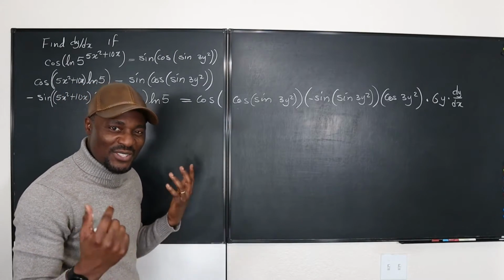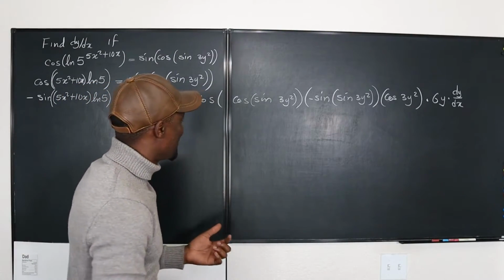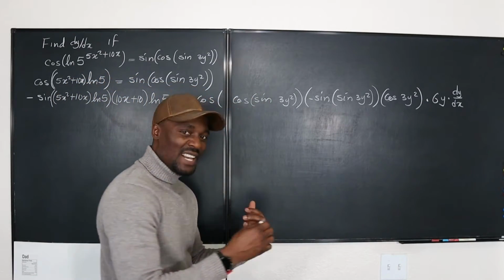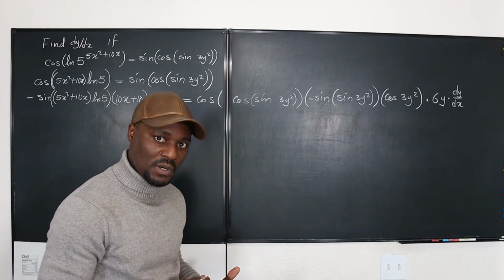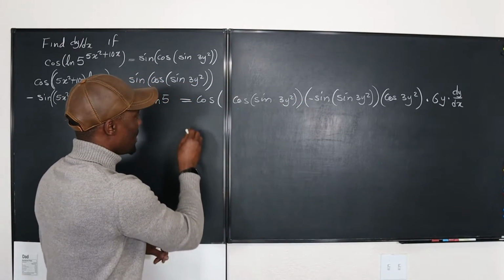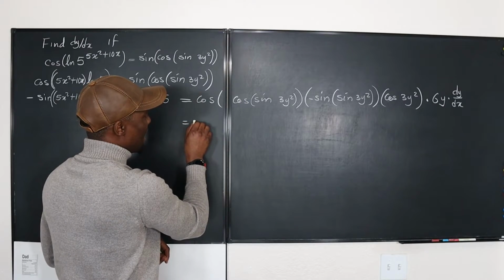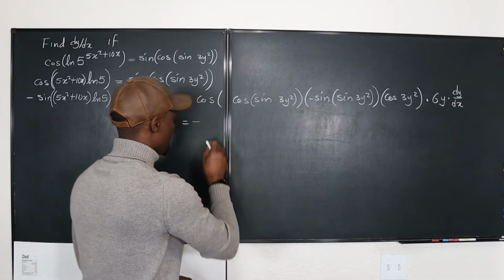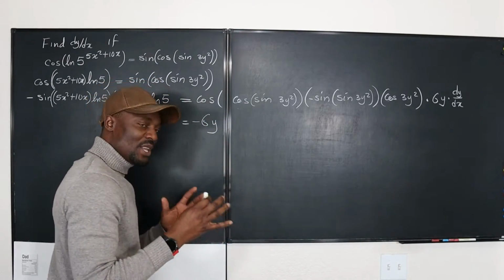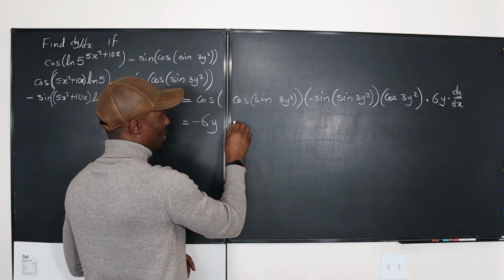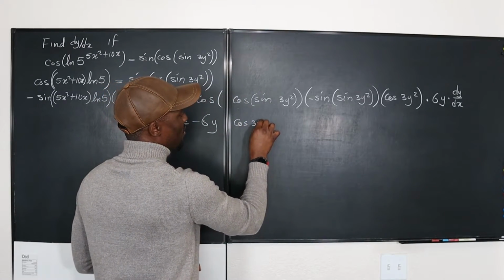But before you do that, it's always good to clean up. I think it's better to bring the less complicated functions forward. So I'm going to first bring this minus sign forward, so what I have will be negative. And then I'm going to bring this 6y forward. Now I'm going to bring the smaller functions forward. I know that cosine 3y squared is smaller, so I'm going to write cosine 3y squared.